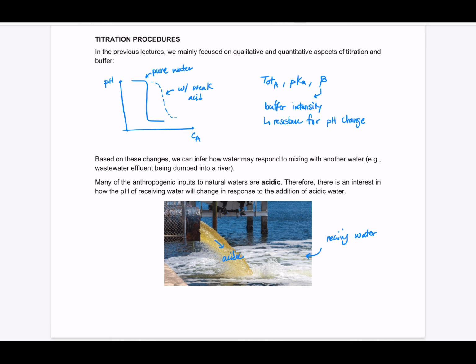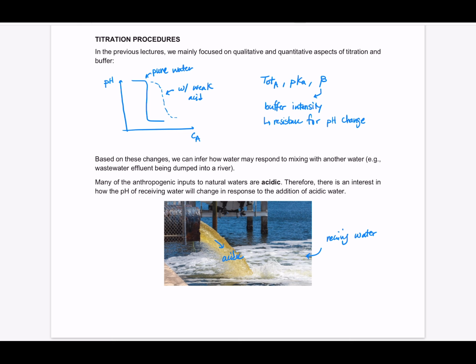What we're interested to know is, when we introduce this wastewater into that river, what would be the pH upon the mixing? That information is very important, because then we can say whether we're within the safety threshold, for example, in terms of biodiversity of that specific region before it gets to re-equilibrium again.